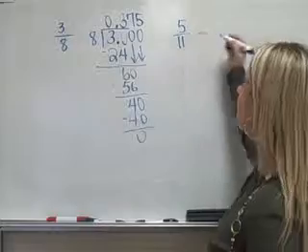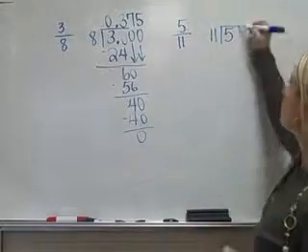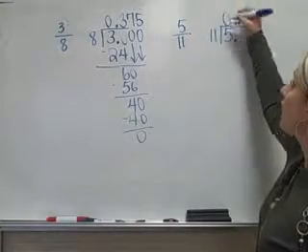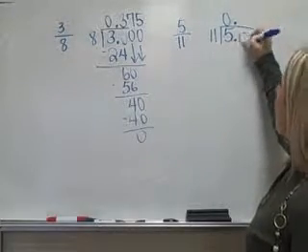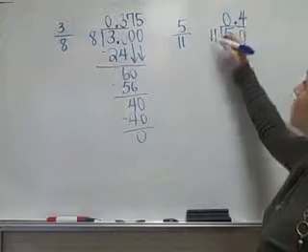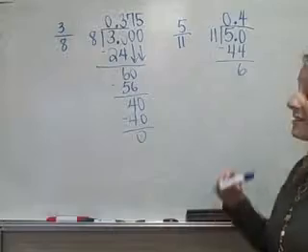Let's try another example. How about 5/11ths? So that means 5 divided by 11. I'm going to put my decimal where it belongs. 11 cannot go into 5, so I put my 0 as my placeholder. I add a 0. 11 can go into 50 4 times. 4 times 11 is 44. When I subtract, that leaves me with 6.